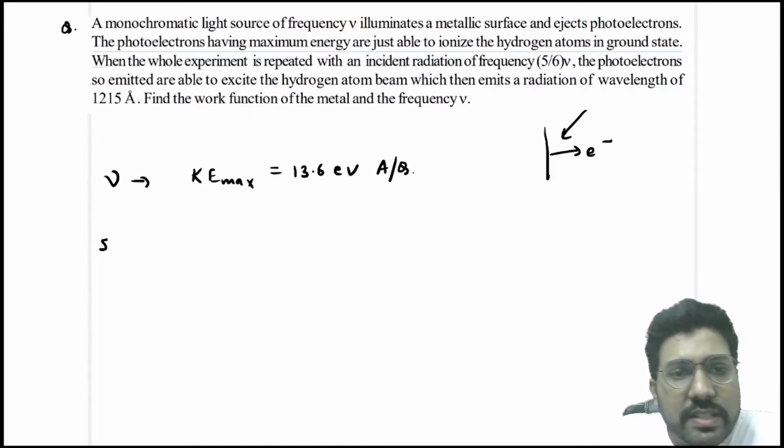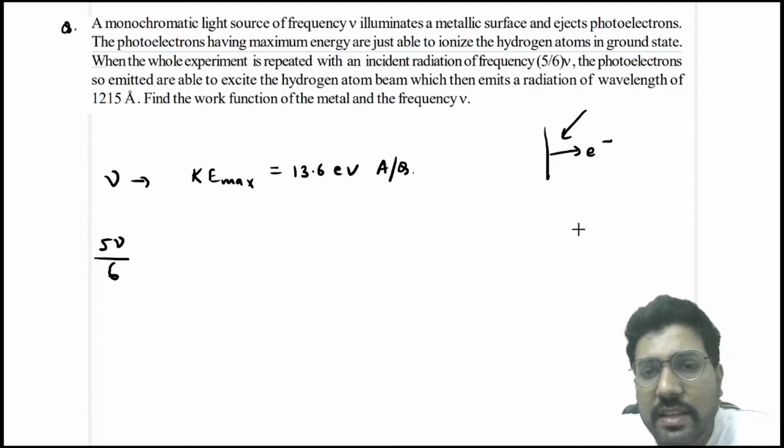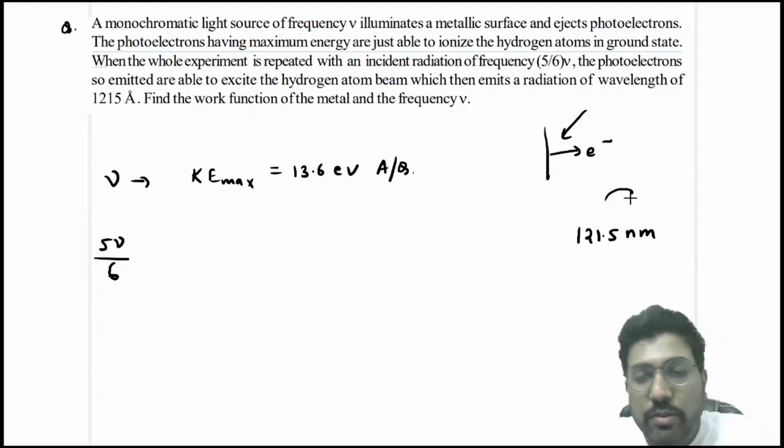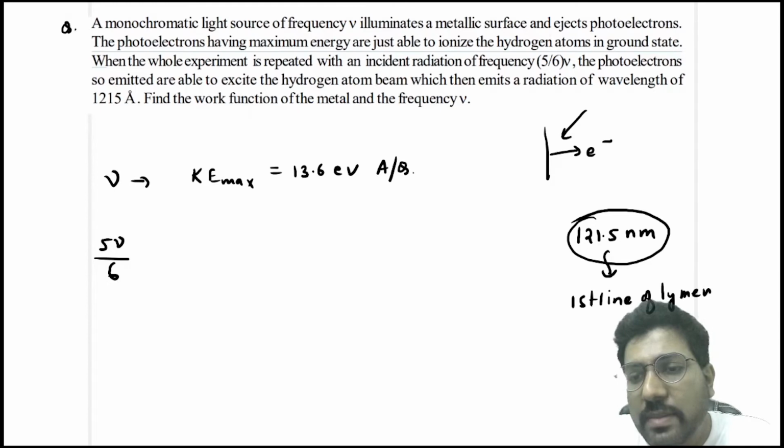If the frequency is 5ν/6, then 121.5 nanometer is emitted when it excites and then de-excites. You know that 121.5 nanometer is clearly the first line of the Lyman series. The first line of the Lyman series has energy 10.2 electron volt.